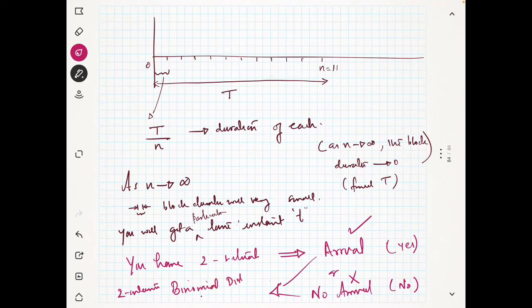So at a particular time instant, it will be a binomial random variable, because we may get an arrival or not an arrival.